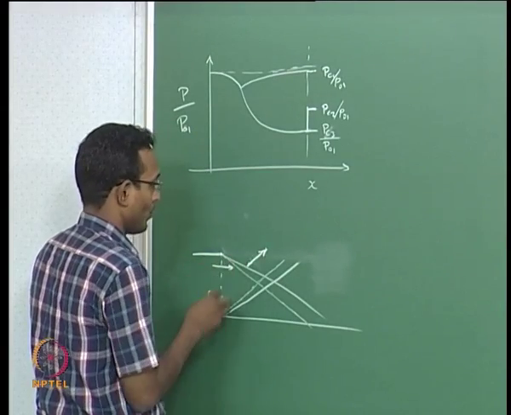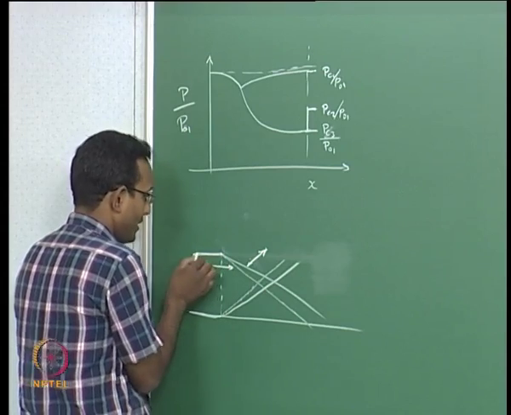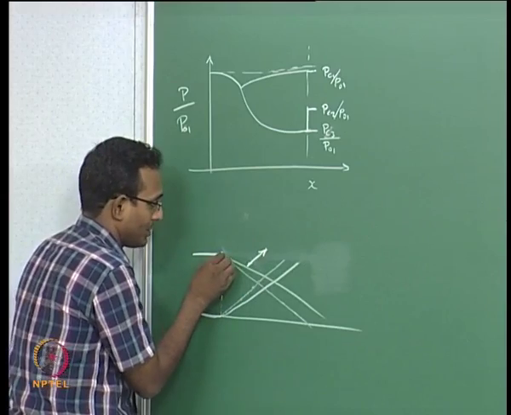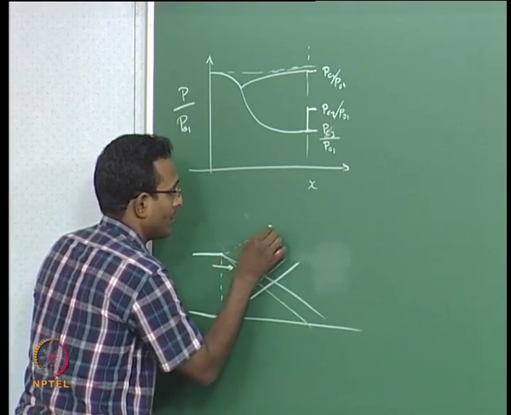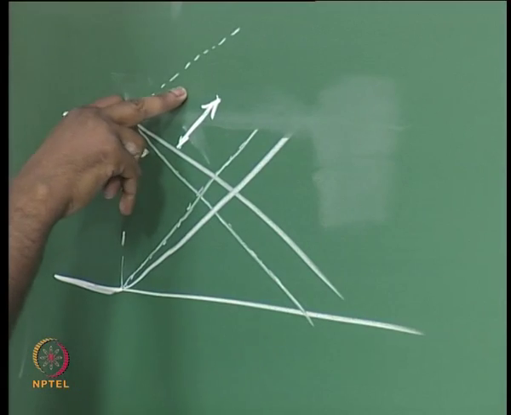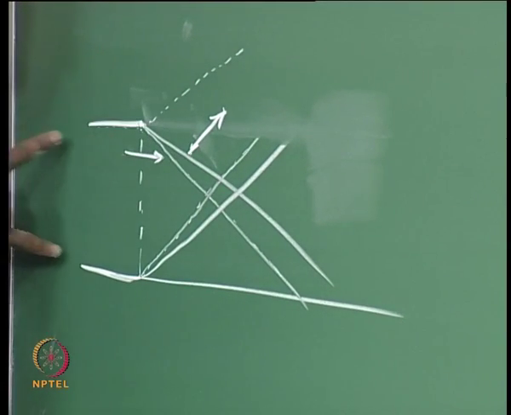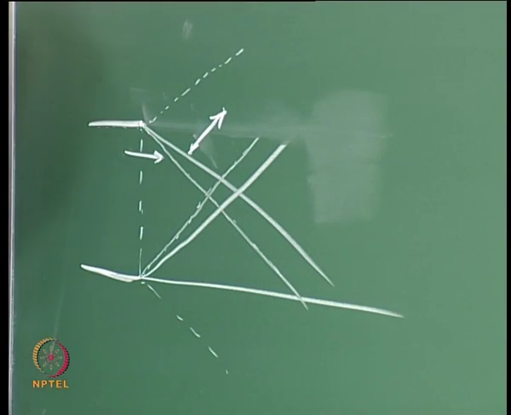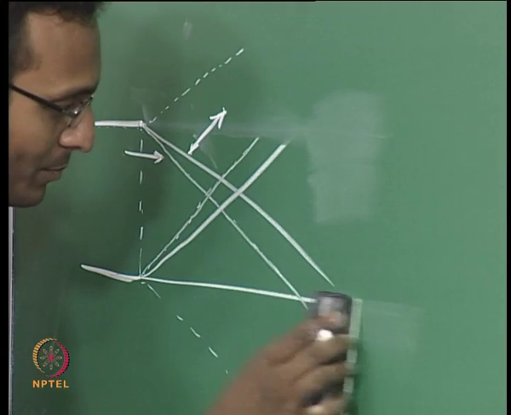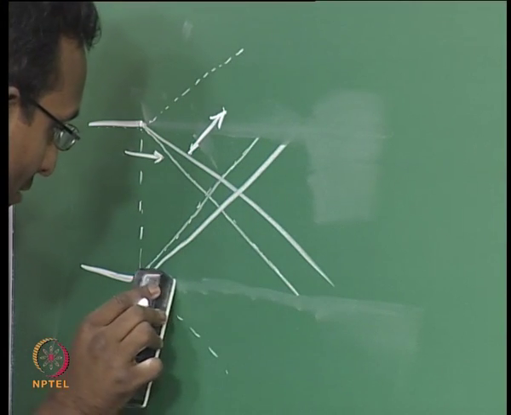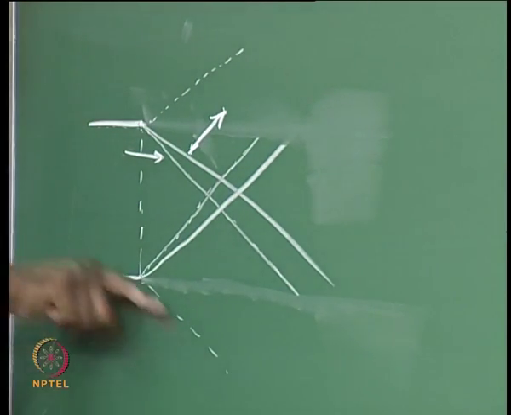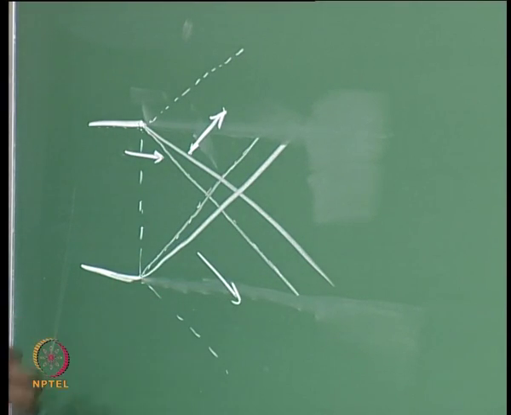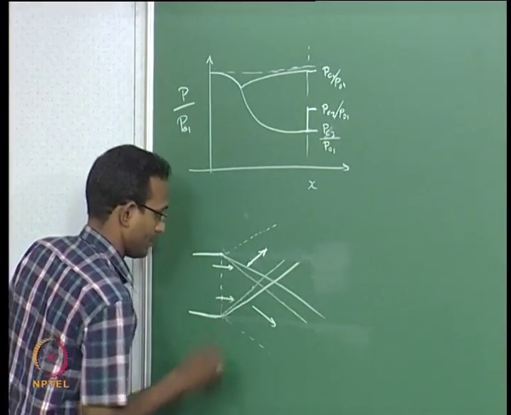If this is the new velocity vector, then the very last set of fluid elements coming here will also be going parallel to this. So that becomes your jet boundary. Any fluid that was coming in will be inside this line and a similar line this side. This will be my new jet boundary and the flow velocity is like this finally. This is what you get when the velocity is initially like this.